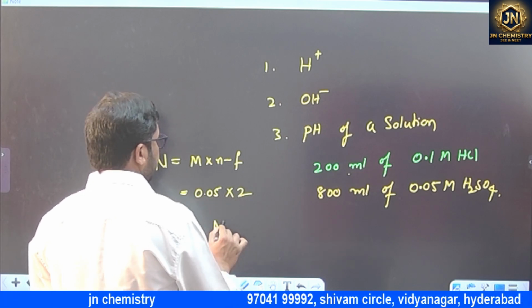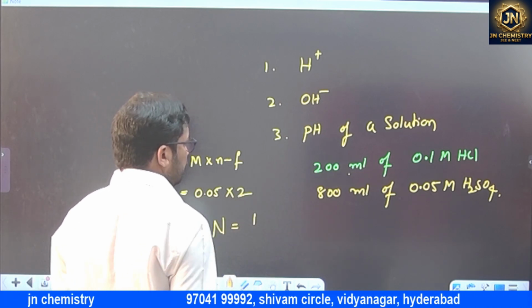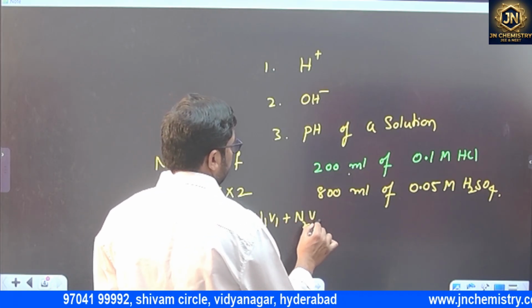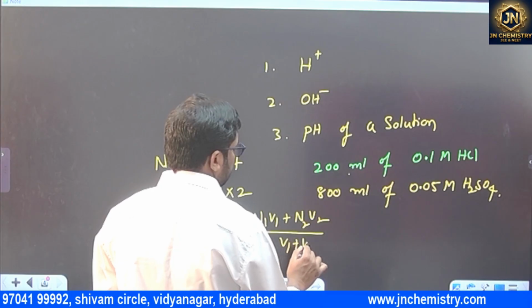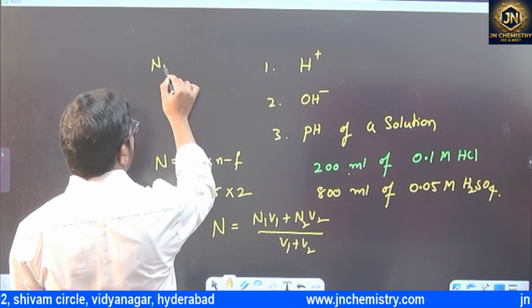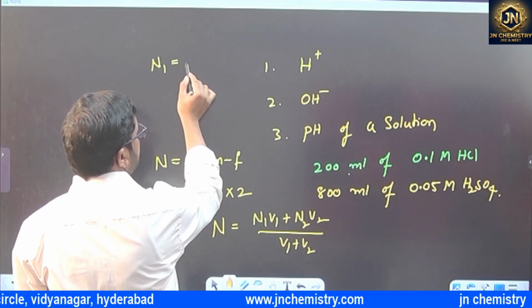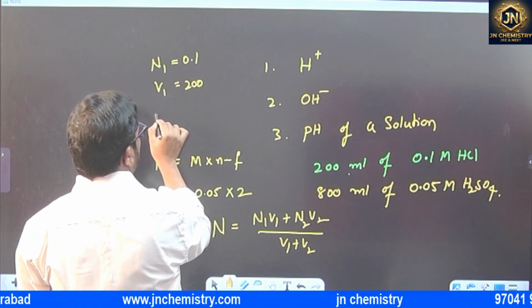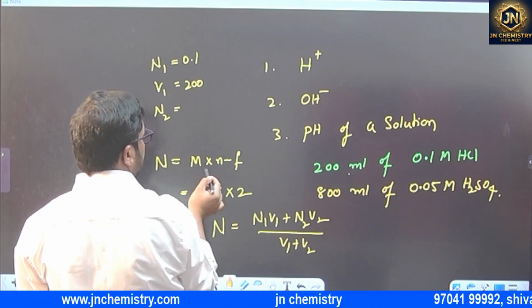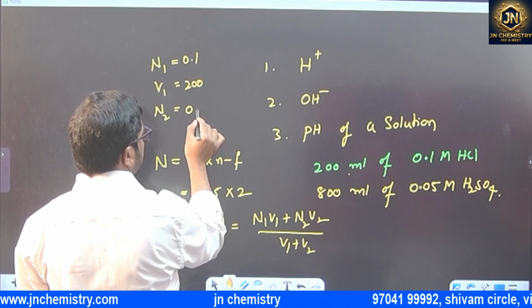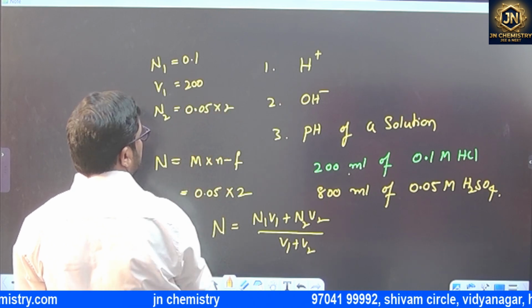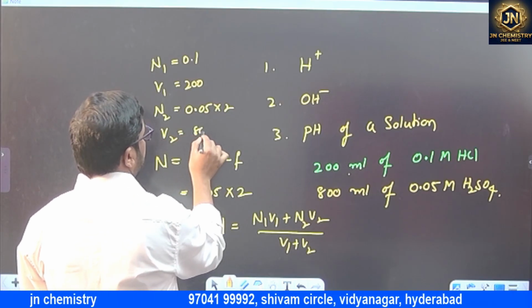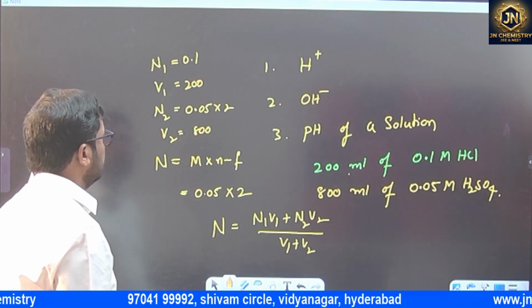So normality is N1V1 plus N2V2 by V1 plus V2, with HCl 0.1, V1 200, N2 0.05 into 2, and V2 800 ml.